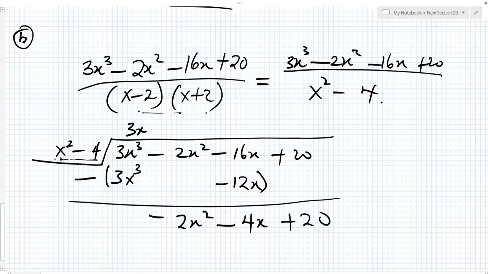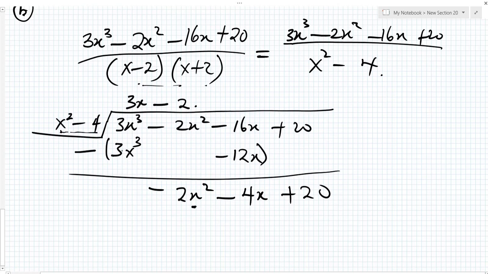So if we use this x squared to divide this first term here, now we'll have minus 2. Now if we use minus 2 to multiply the whole of this, we'll have minus 2x squared. So minus 2 times minus 4 will give you plus 8.